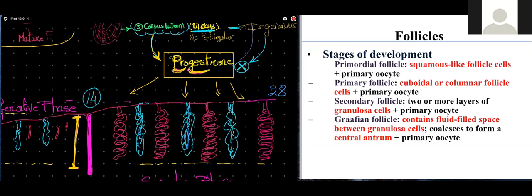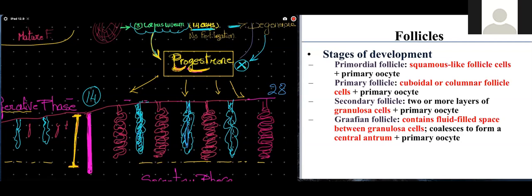So this progesterone, what's going to be its effect on the endometrial lining? It's going to be increasing the thickness a little bit, but mainly it's going to be stimulating the glands inside the endometrium to produce their secretions.